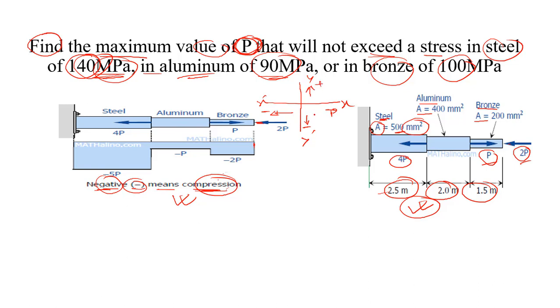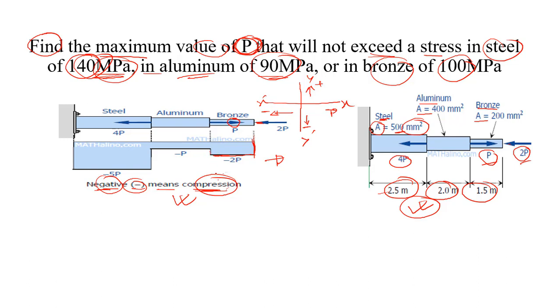Okay, we know that 2P is on the left side, so we are drawing downward, and this is -2P because there is no other load. But P going to the right side is positive, that means it will go in the upward direction.